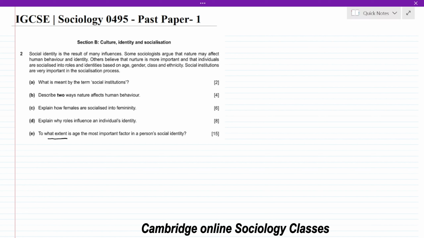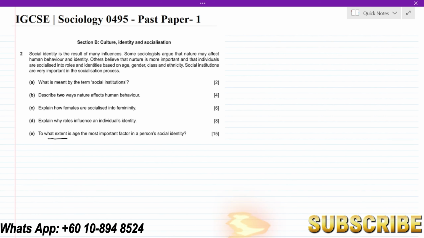First we will argue yes, age is the most important factor, while in the next argument we will oppose this statement, saying there are many other factors other than age that influence a person's social identity. Then in the last we conclude that yes, age is a crucial factor, but some other factors are equally important. This is how we will conclude our question. So let's begin from our supporting argument.